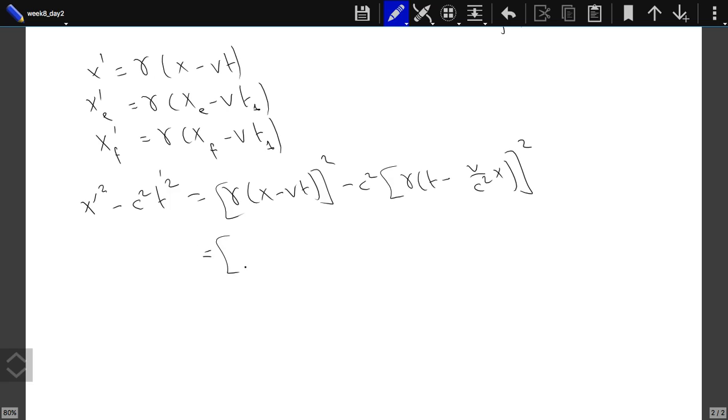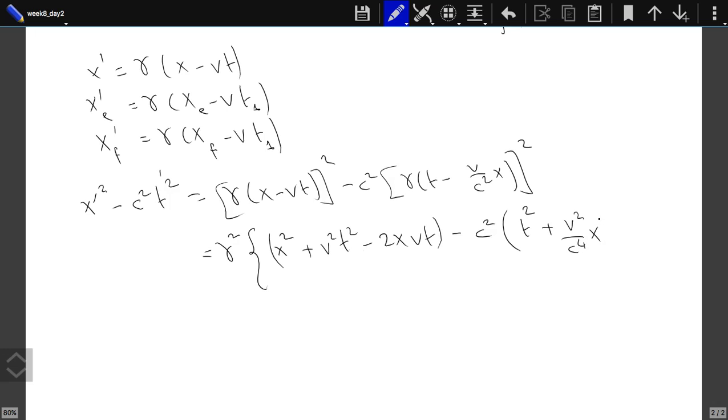This is equal to, well, all of them have a factor gamma, so this is gamma squared times x squared minus v squared t squared plus v squared t squared, minus twice x v t. This is the first term. Well, the second term will be minus c squared t squared plus v squared over c to the 4 x squared minus twice v over c squared xt.